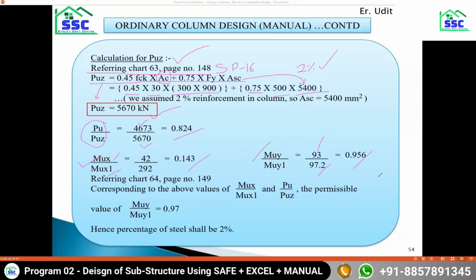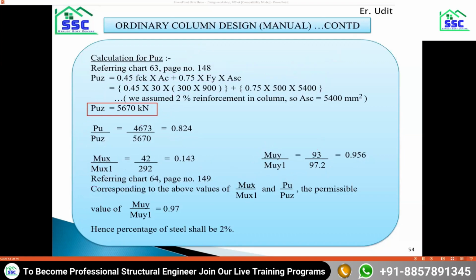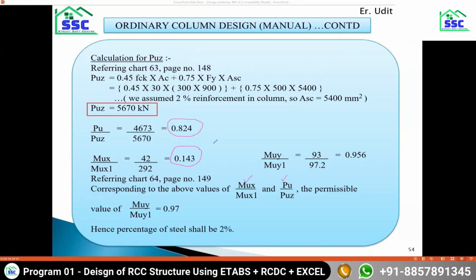Now, how to check whether this assumed Pt is correct? We have to go to chart 64, page number 149, and we have to perform a reverse calculation. So what we will do is, we will consider our value of Mux by Mux1, which is 0.143, and the value of Pu by Puz, which is 0.824.